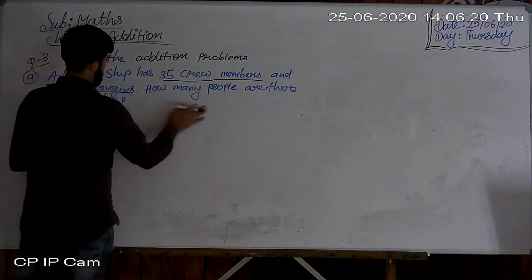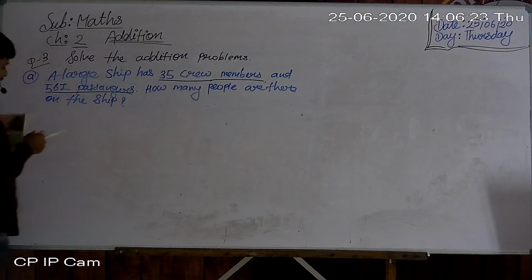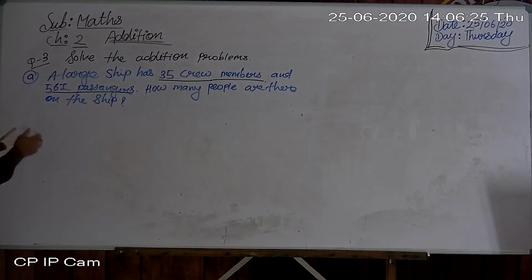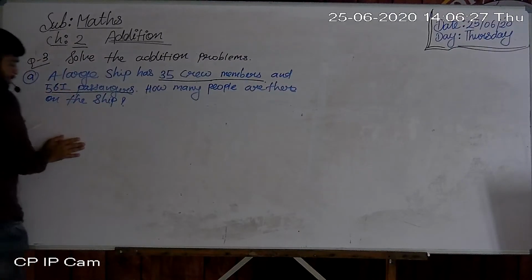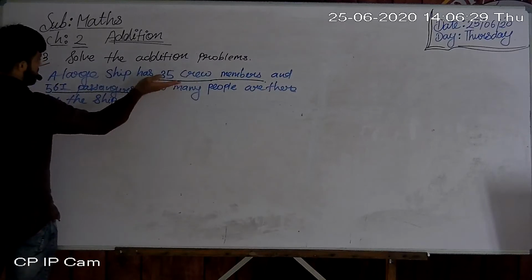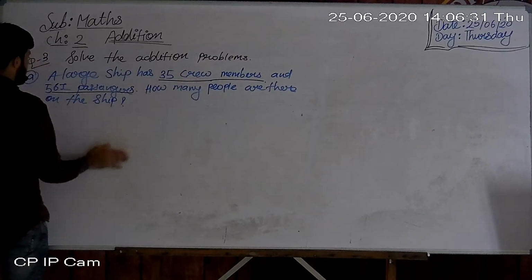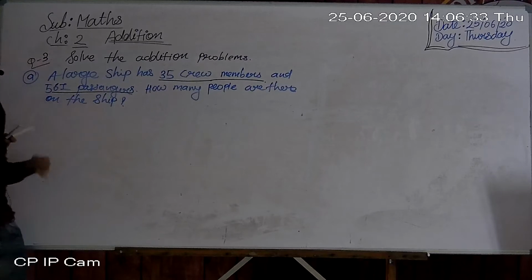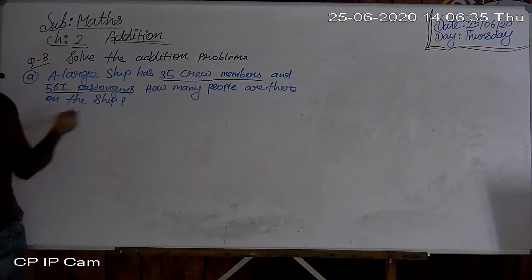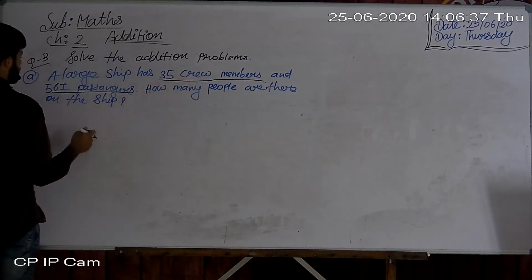So how many people are there on the ship? What we are doing here, students, is adding 35 crew members with 561 passengers, so we find how many people are there on the ship.